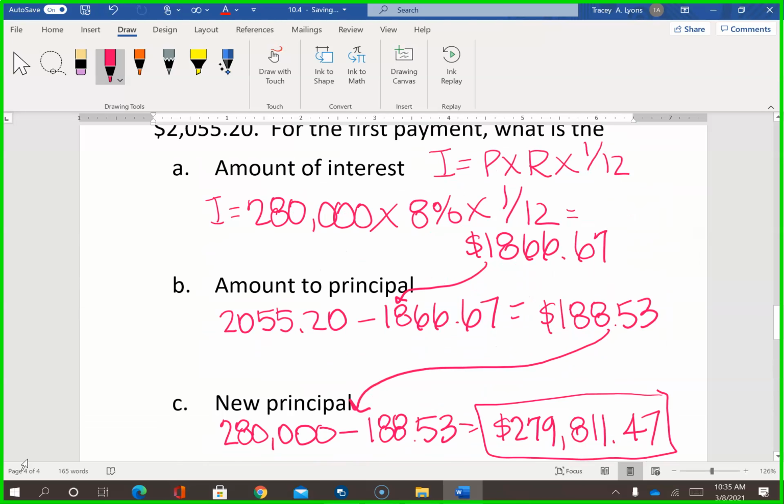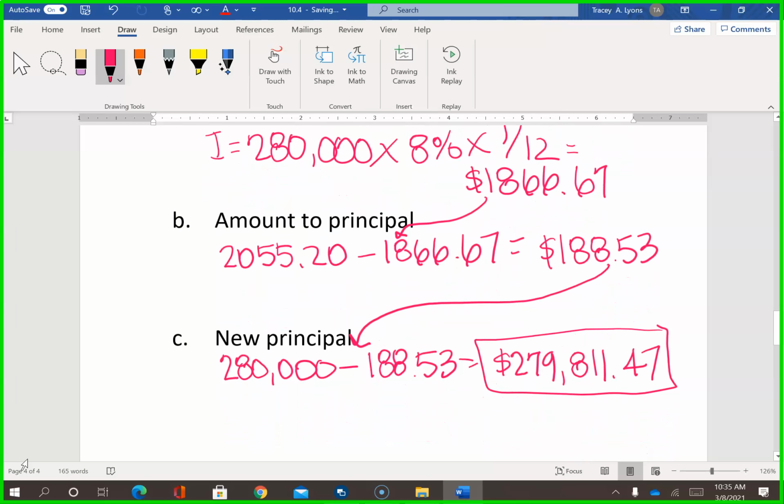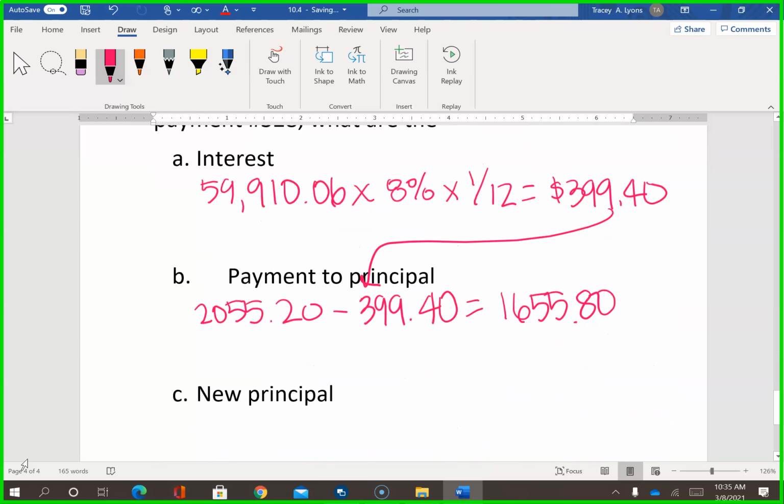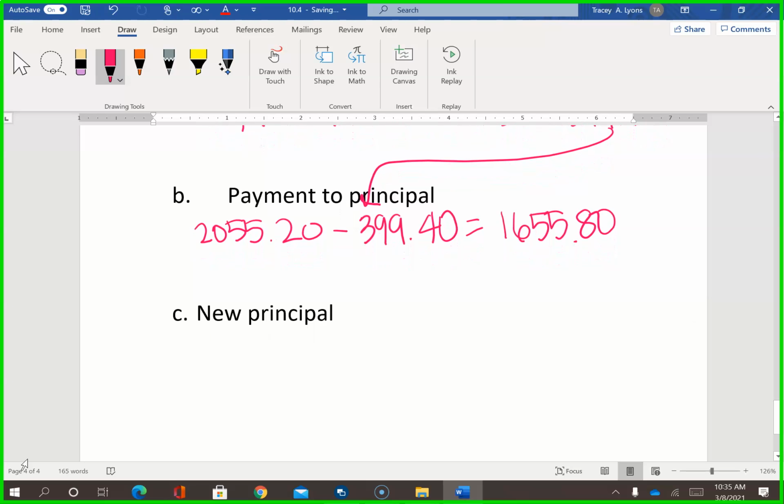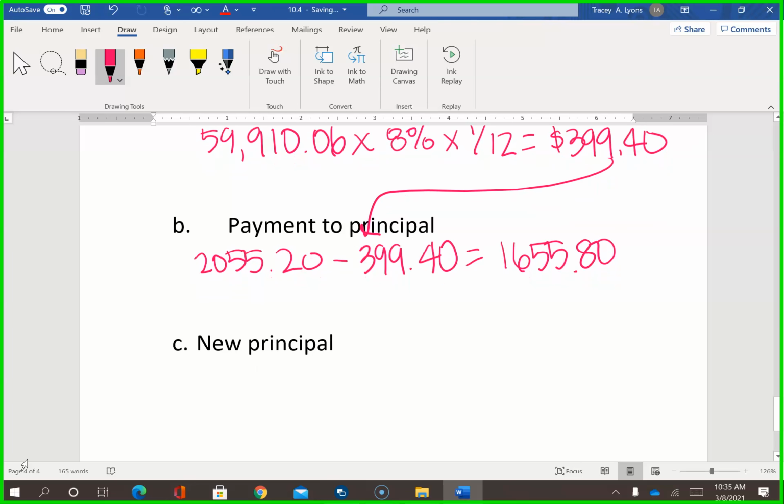The principal amount was only $188 on payment number one. So you can see that as it goes, you're paying a lot more toward what you borrowed at the end than at the beginning. And then your new principal, what did we start with? $59,910, and this amount out.